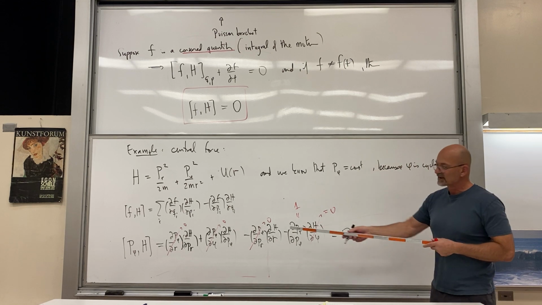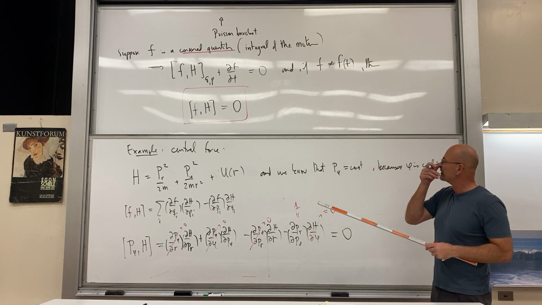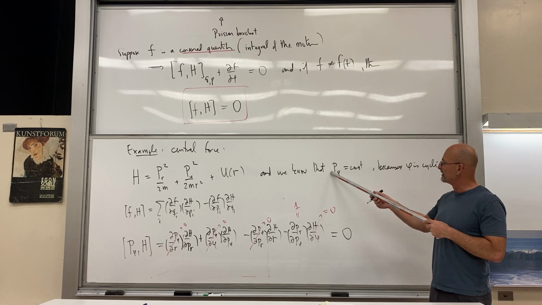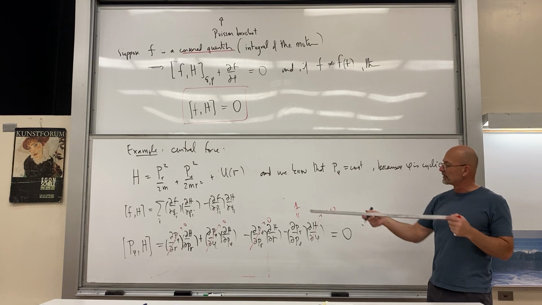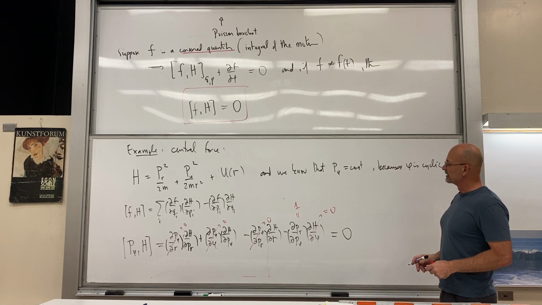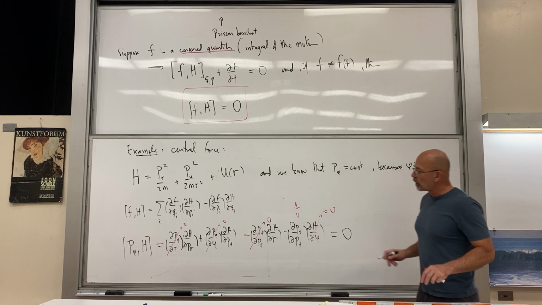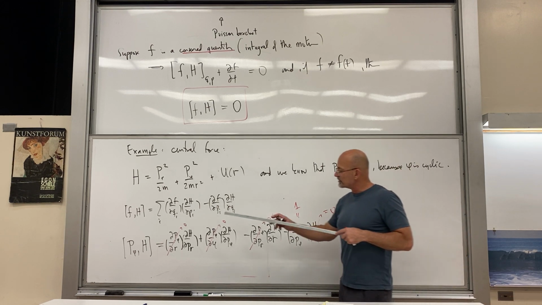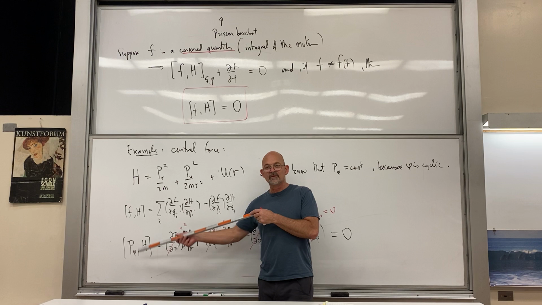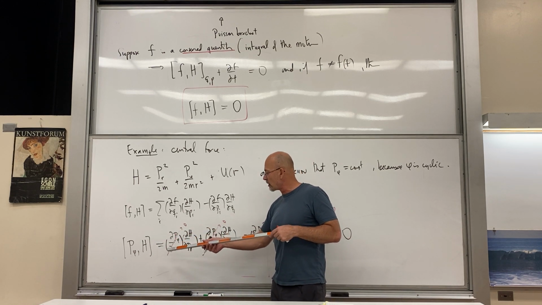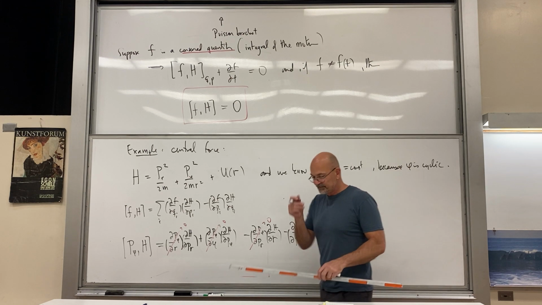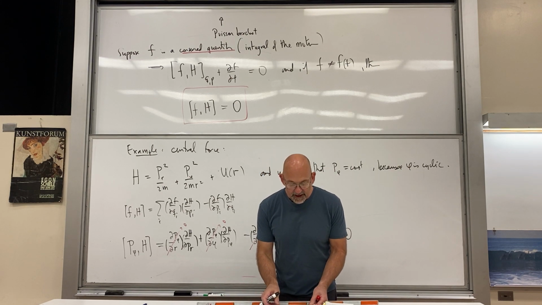And so that's the explicit calculation for showing that p_phi is constant. Well, we knew it already, that's why we chose to do it, but here's the explicit calculation. There are some general rules that hold for these Poisson brackets so that you don't always have to write out the whole thing. And that's what we'll look at next.